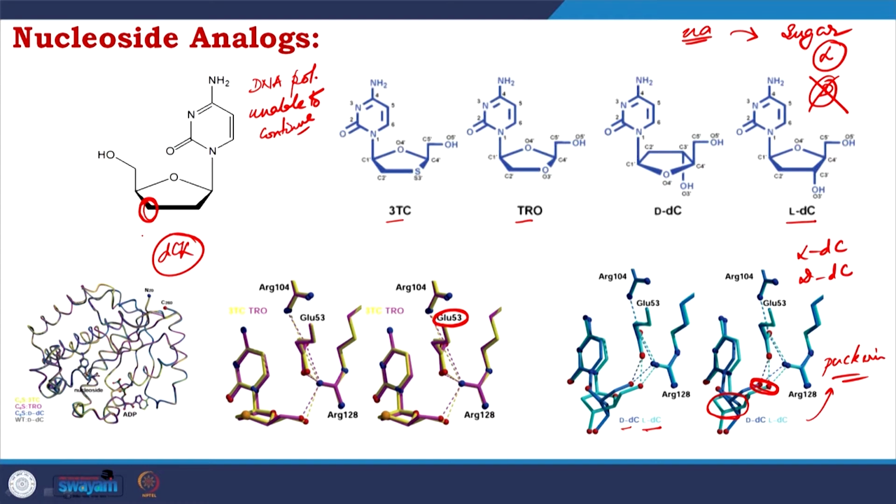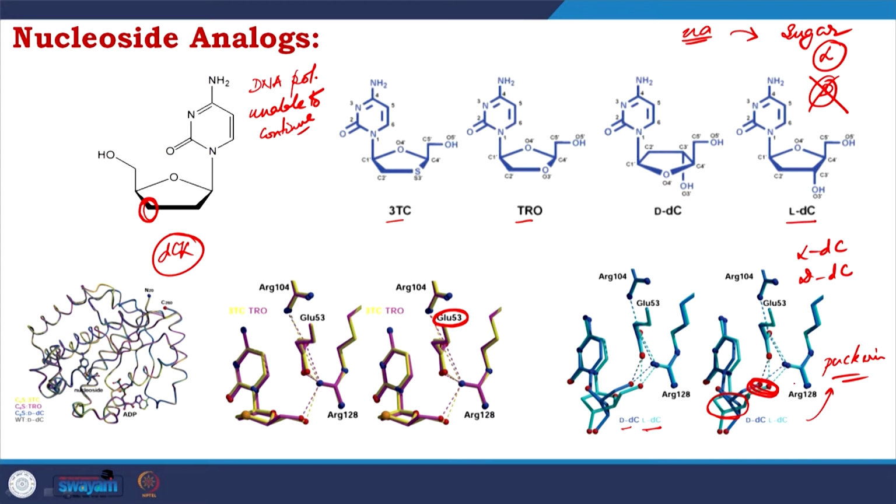But the more surprising or more exciting fact comes from the comparison of L-deoxycytidine and D-deoxycytidine, as it is actually a comparison of apple to apple. This clearly shows that there is a huge rotation here, and this huge rotation ultimately brought both the hydroxyl groups to nearly the same position.